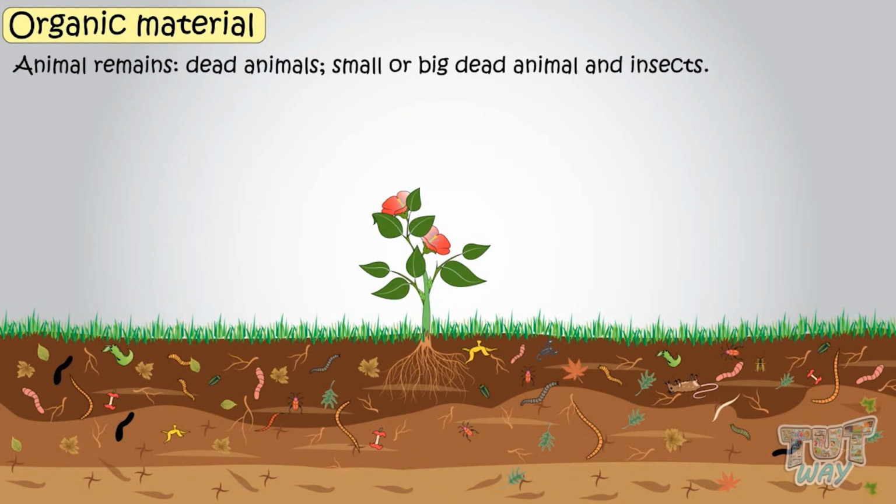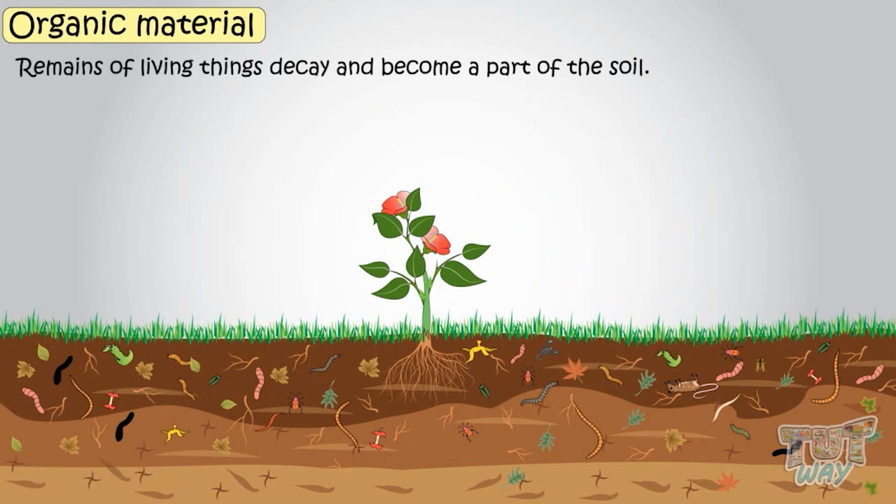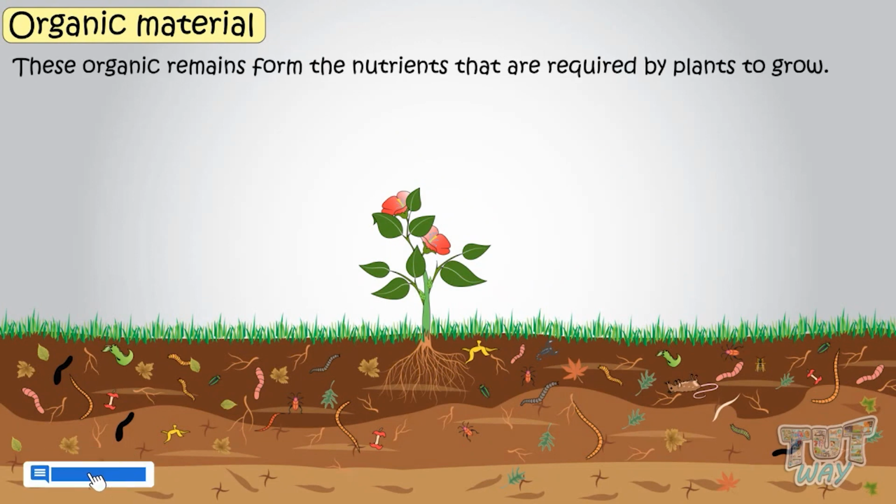Animal remains, dead animals, small or big, dead insects or other animals. So remains of living things decay and become part of the soil. These organic remains form the nutrients that are required by plants to grow.